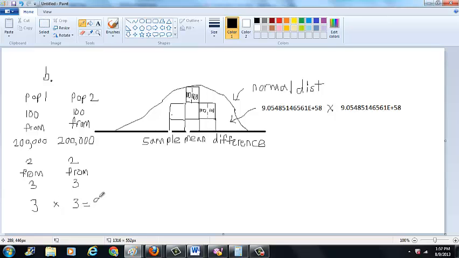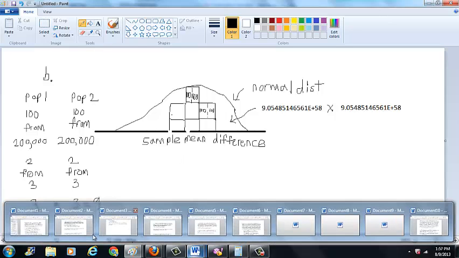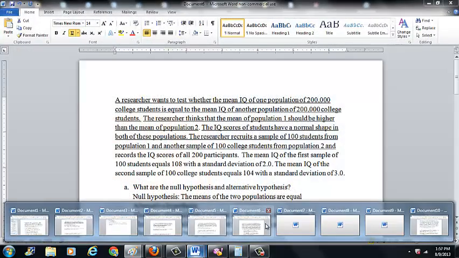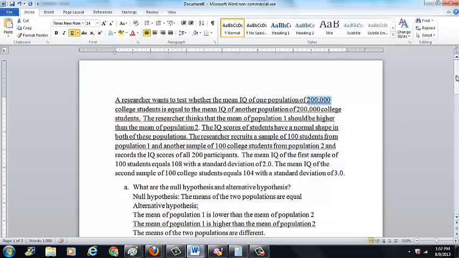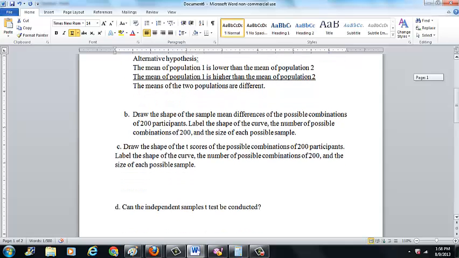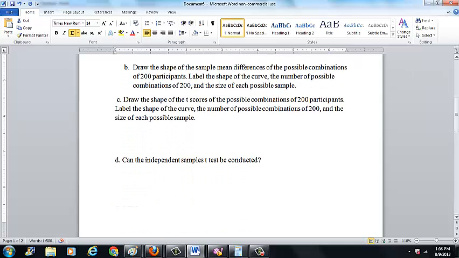But I can't really have you multiplying these big numbers, so I'll just have you write it out like this. So we've taken care of part B. For part C, you can just make the curve of t-scores.